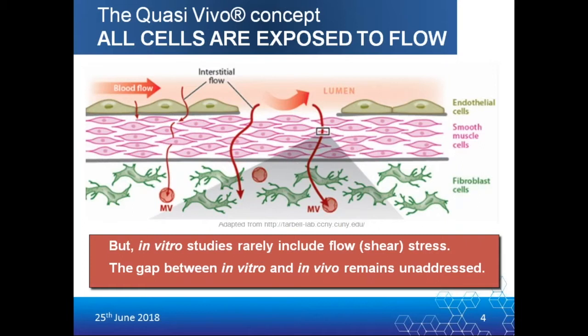The predictability of clinical outcome could be increased if in vitro models include some of the key physiologically relevant aspects such as flow and dynamic interactions between different cell types of the body as well as the microbiome. Quasi Vivo systems are designed to address these two main issues.